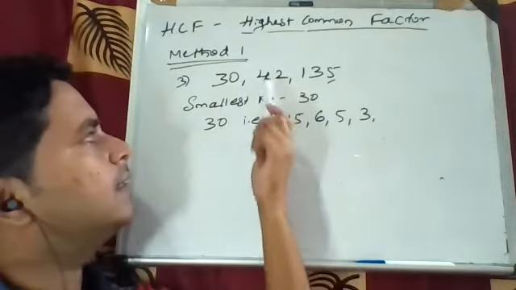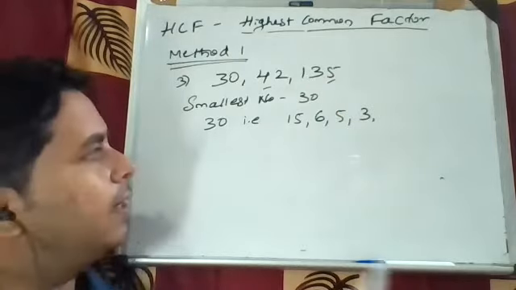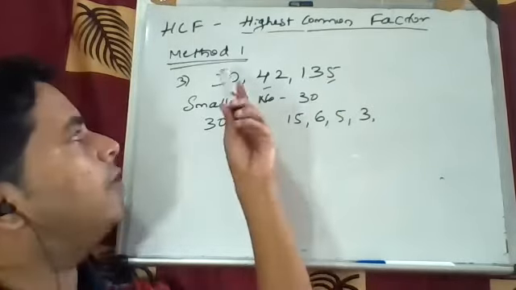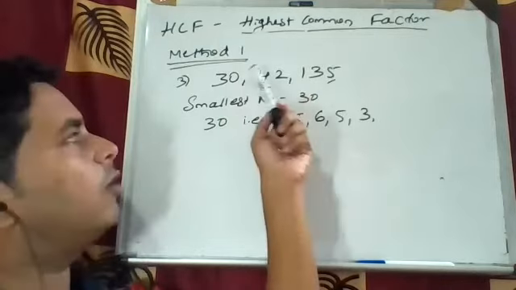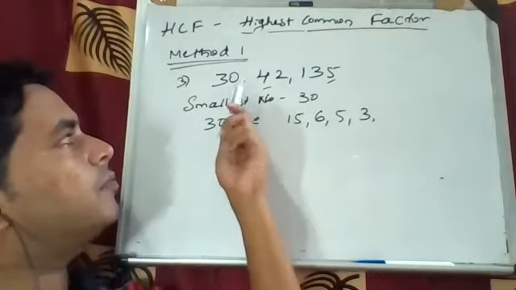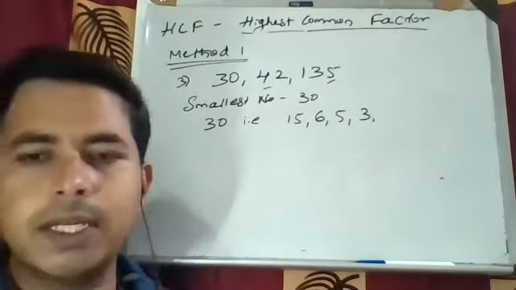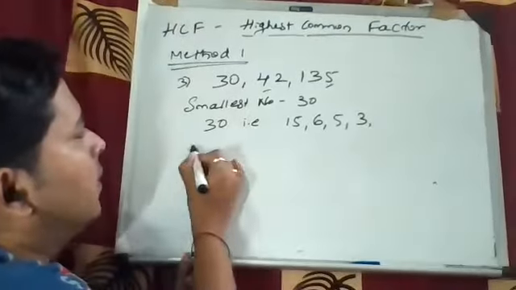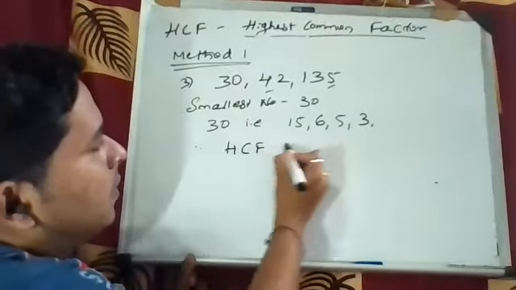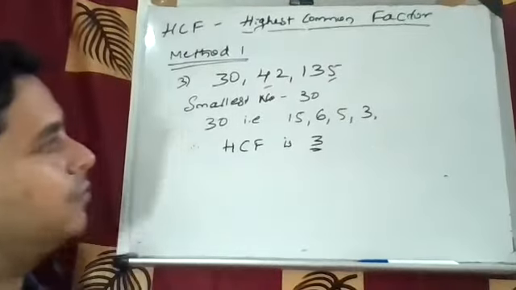Yes. 6 divides 42. Yes, but it does not divide 135. Then take 5. 5 divides 30. Yes, but 5 does not divide 42. Then take 3. So 3 divides 30, 3 divides 42, and 3 divides 135. So here your HCF is 3.